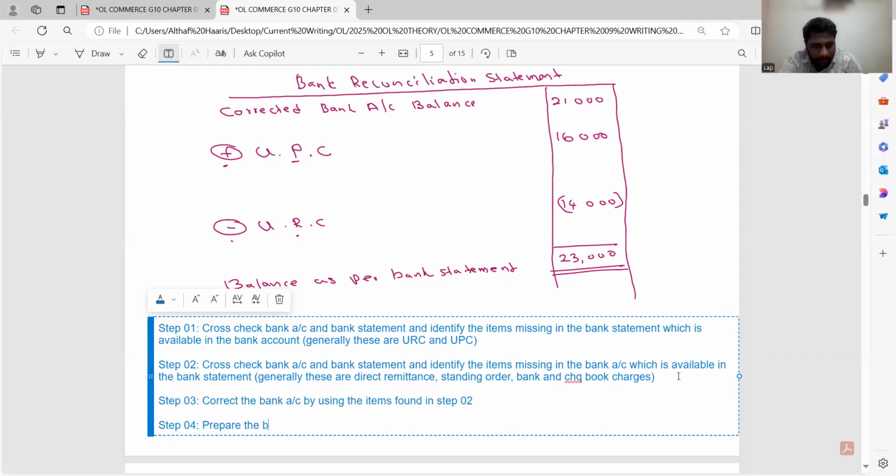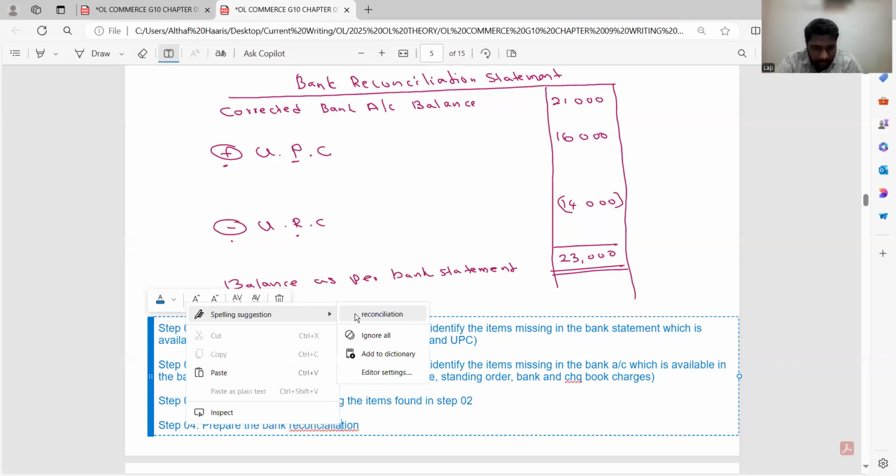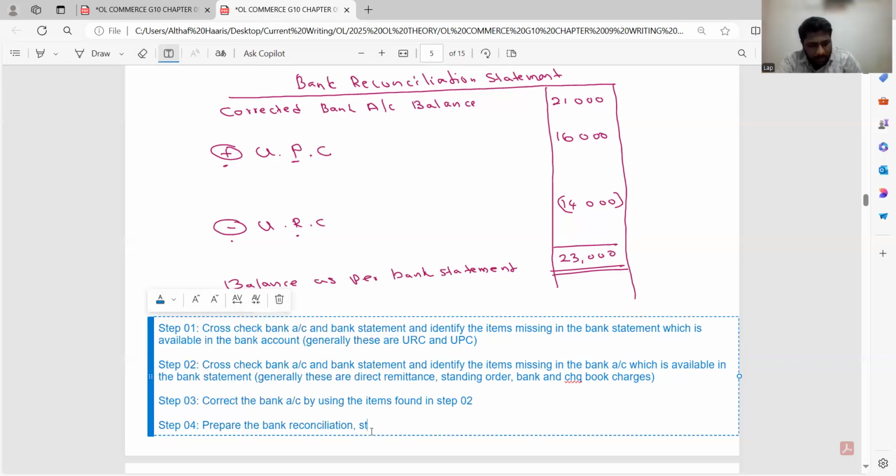Prepare the bank reconciliation starting with the balance in step 3 and using the items in step 1. That means UPC and URC.